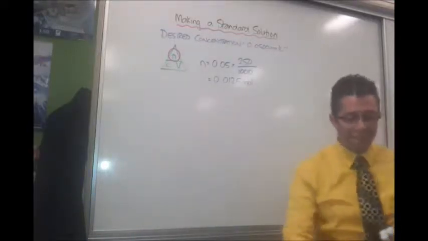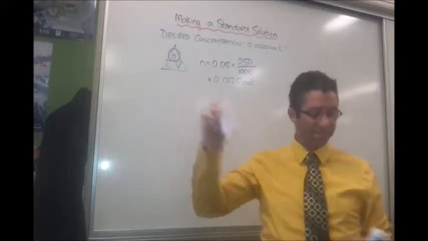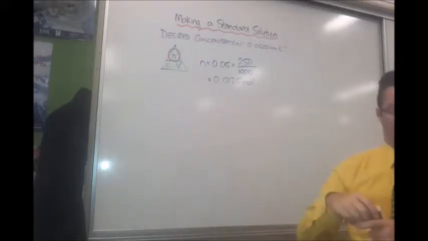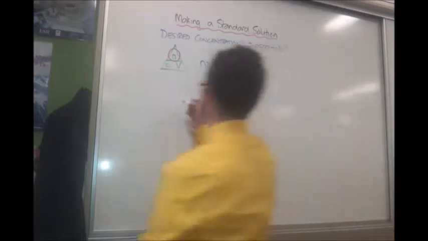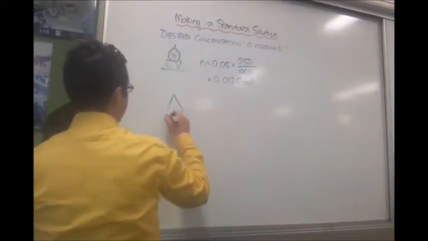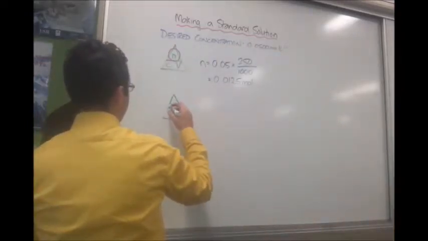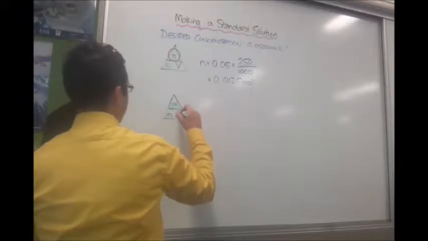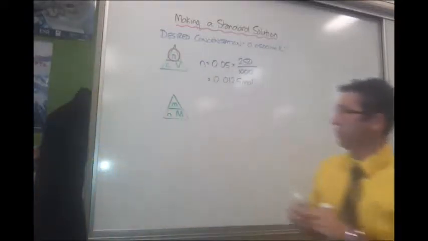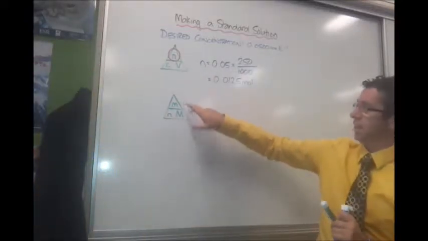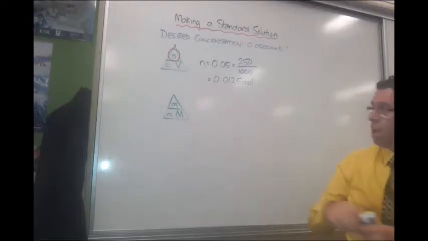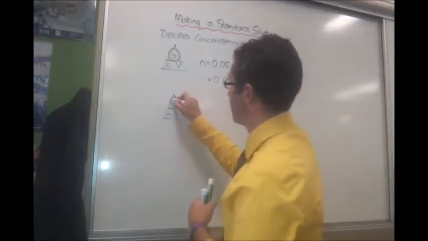Now I'm working with a mass. I want to know how much to weigh out of this. So what I'm going to need here is the other triangle, where I've got n, little n, and big M. And in this case, I want to know the mass to weigh out.